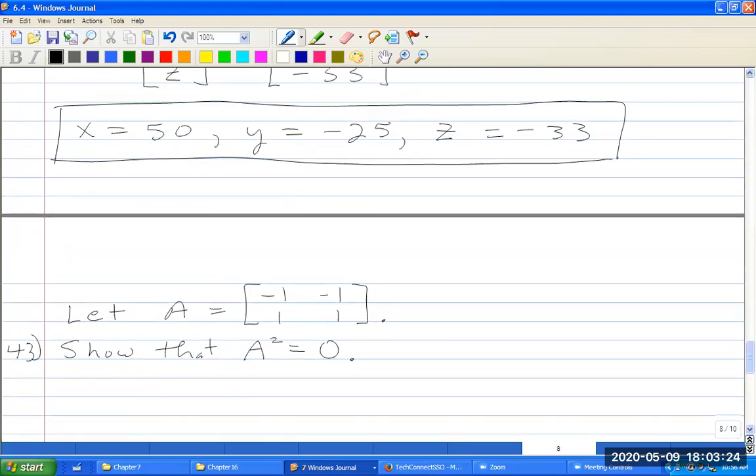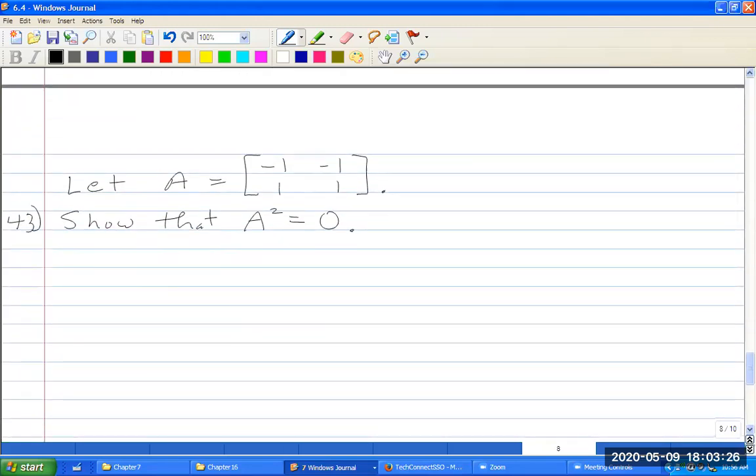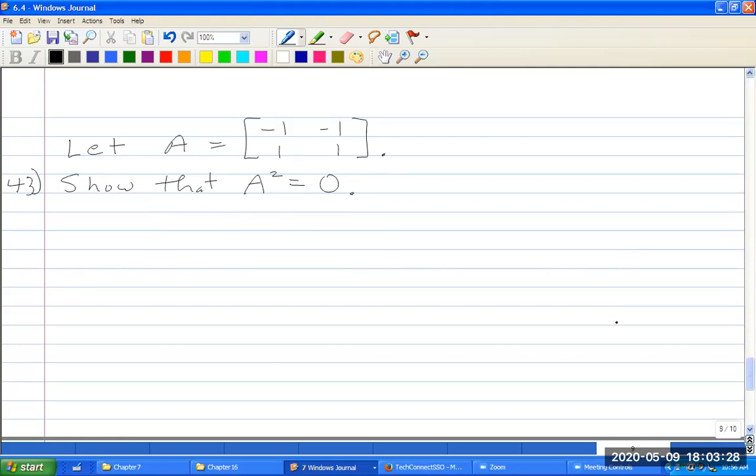Let me do problem number 43. Show that A squared equals 0. Okay, so what we're noticing here, well, let's do this. So let's look at A squared. So A squared is equal to -1, 1, -1, 1 squared.